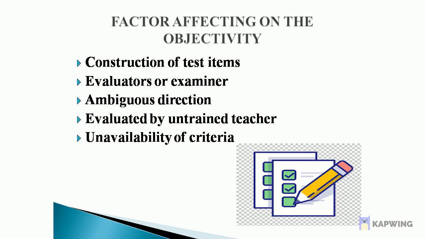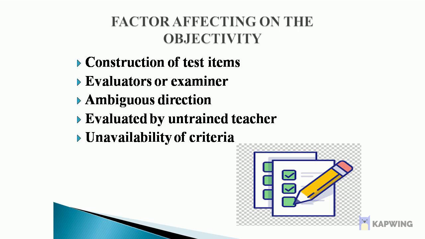Ambiguous direction. The other factor which affects objectivity as a characteristic of a tool is ambiguous direction. If the directions are not clear to the subject, it affects the objectivity of the test. Evaluated by untrained teacher. If the evaluator is untrained or careless in nature, it also affects the objectivity of the test.